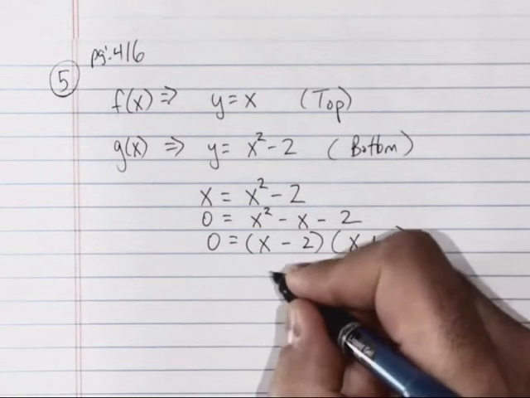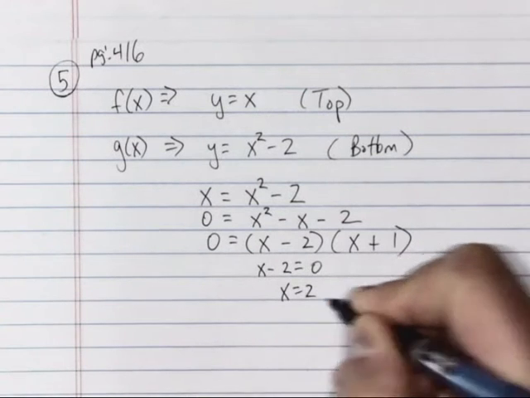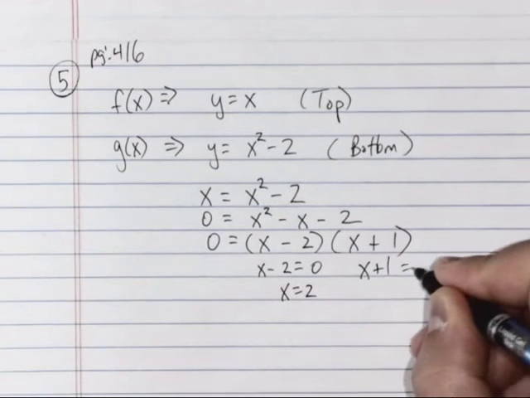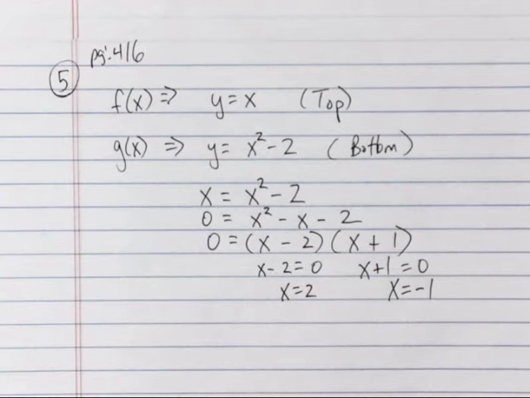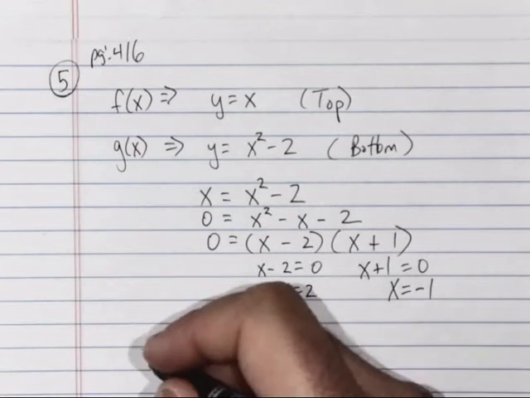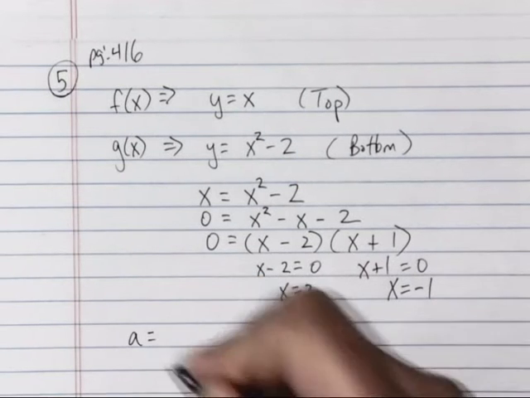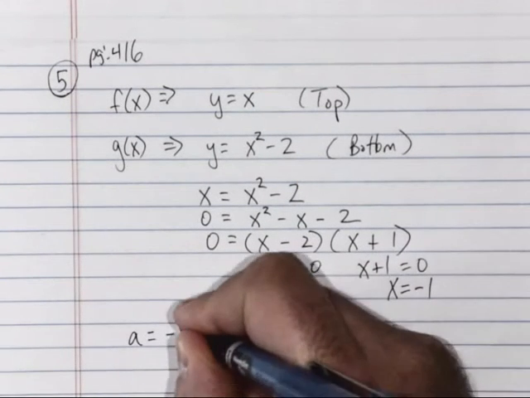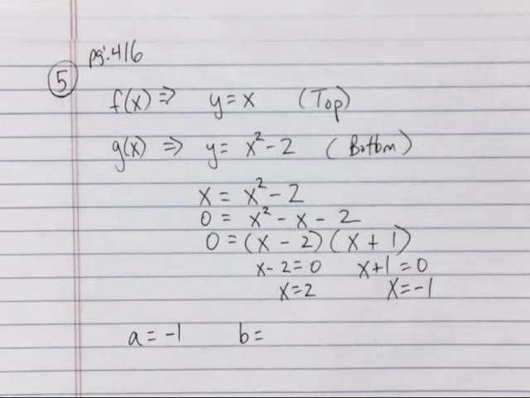Set each of those factors equal to 0 and solve. So x equals 2, x equals -1. So that's going to give us our a and our b. Our a, which is our leftmost boundary, is going to be -1, and our b, which is our rightmost boundary, is going to be 2.